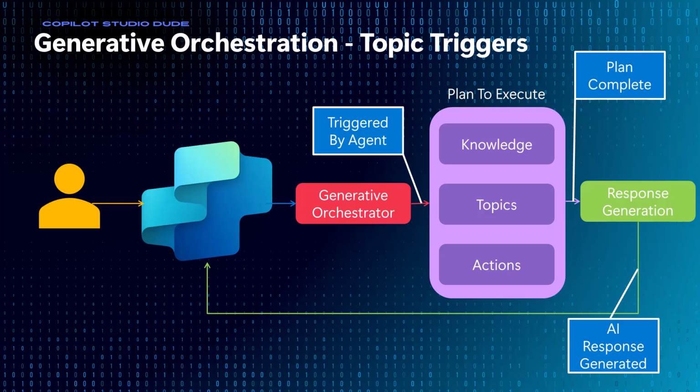Now, once we get past that, the response then gets generated, but the AI response generated trigger is going to allow us to intercept the response after it's been generated, but before it's handed to the actual user, so that we can go in and analyze the response and do other things to it before we actually send it to the user.